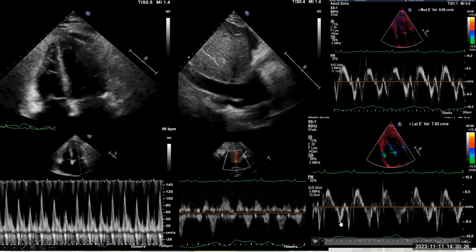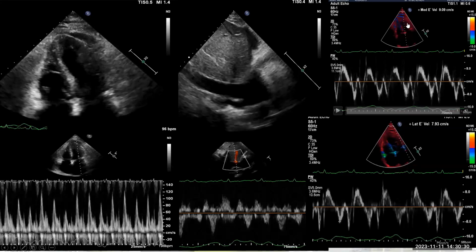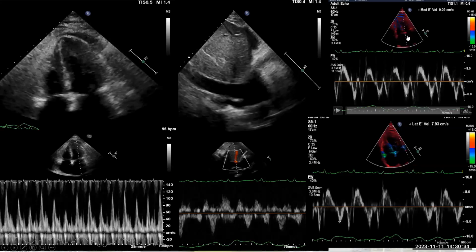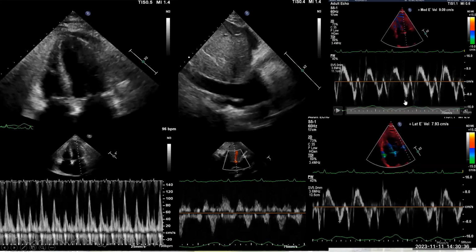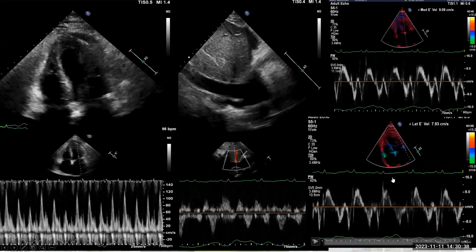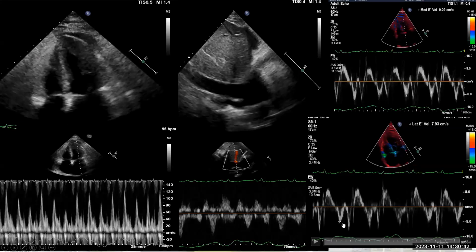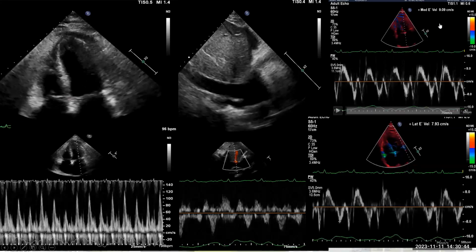That's why the velocity could be normal or low, but as a compensatory mechanism during diastole, the E velocity of the medial mitral annulus is higher than the lateral. Normally, the lateral should be higher, and you see here the lateral is 8 while the medial is 9.